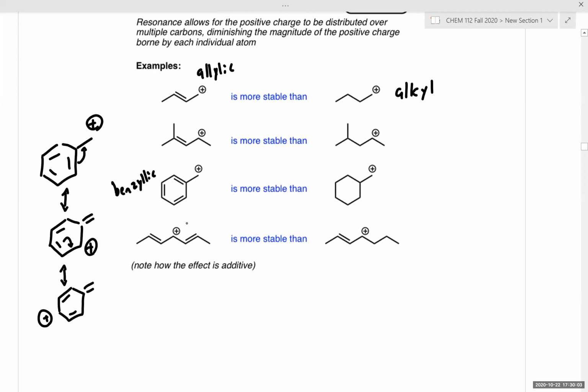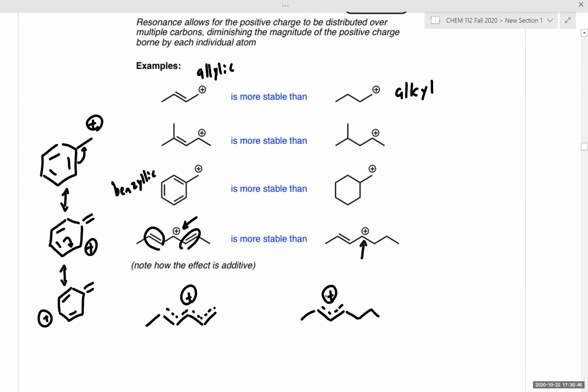So for example, this, what I like to call a doubly allylic carbocation, where it's adjacent to 2 pi systems, is more stable than this carbocation that's just adjacent to 1 pi system. The reason for that is we are able to delocalize our positive charge over 5 atoms in the structure on the left, compared to only 3 atoms in the structure on the right.